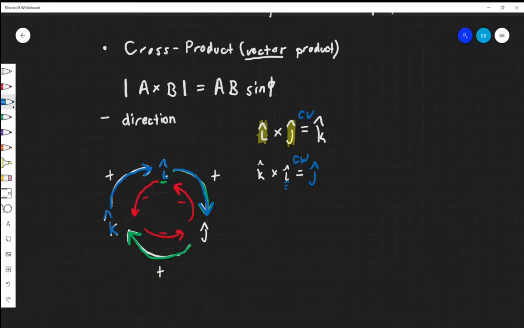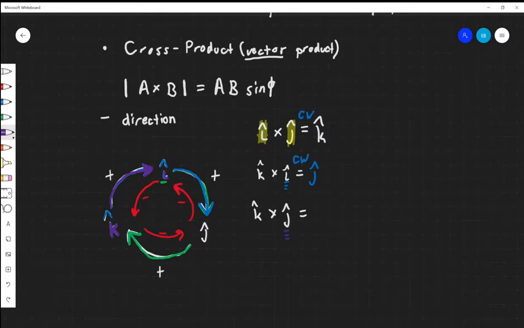Let's look at another example. Hopefully, after these next two examples, this will make sense. K hat cross J hat. What does that give us? So I go to my K hat. If I follow this outer arrow going clockwise, the only letter I can go to next is I hat. But I hat isn't the second vector I want.